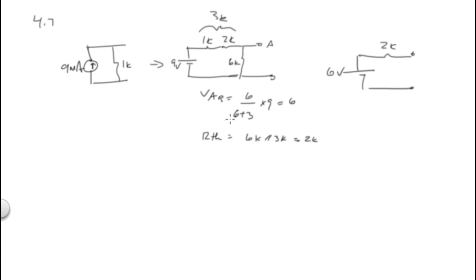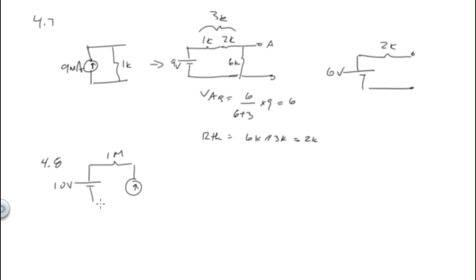Okay, so 4.8, we're looking at E, which is a little different. This is a superposition problem. In this one, we can concentrate on the voltage of the 10 volts and the 1 meg, and the current supply.